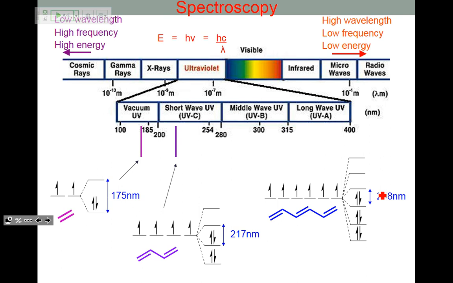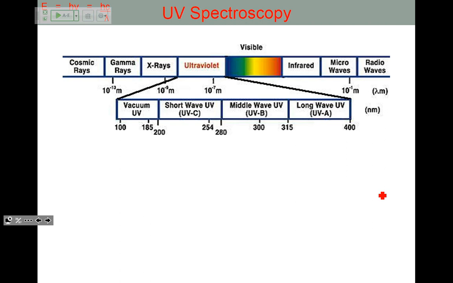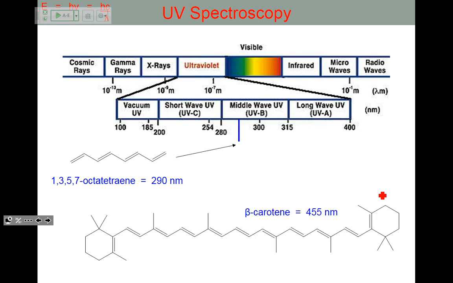The more conjugated the system, again, we can only promote an electron to the excited state at the exact amount of energy. The more conjugation, the smaller the energy gap. If we look at something like beta carotene, we actually see it in visible light. What is beta carotene from?